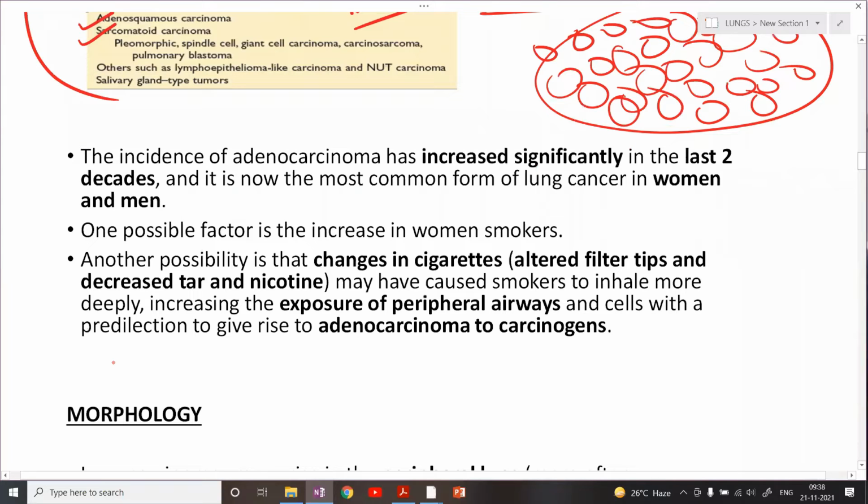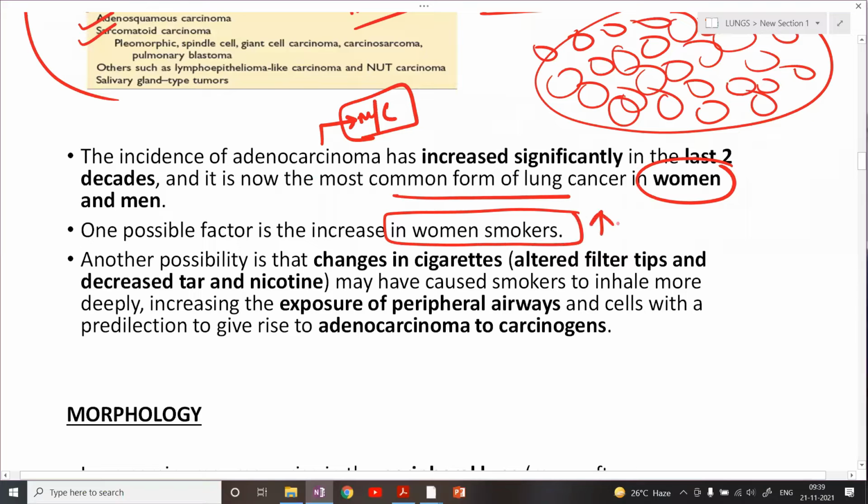As I already told you, adenocarcinoma has now become the most common lung carcinoma, superseding the squamous cell and small cell, and it is most common in women as compared to men, and it is the most common form of lung cancer not only in women but also in men. There are lots of factors. One factor is that an increased number of women have started smoking, because of which the incidence among women has increased.